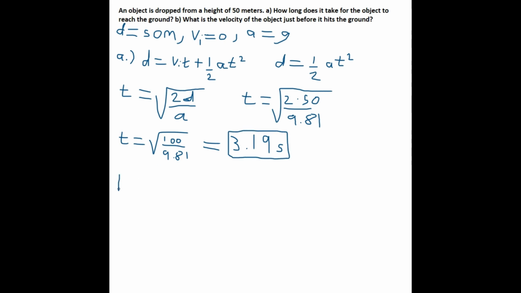Now for part B. We can use the formula that the change in velocity is simply just the acceleration times time. Since the initial velocity is 0, this means the change in velocity will be the final velocity.